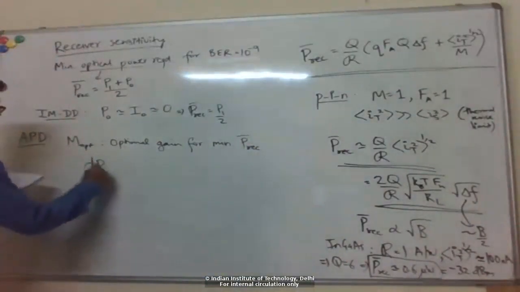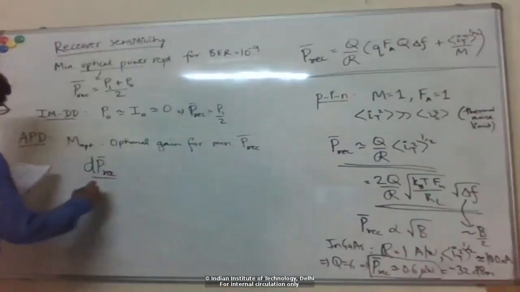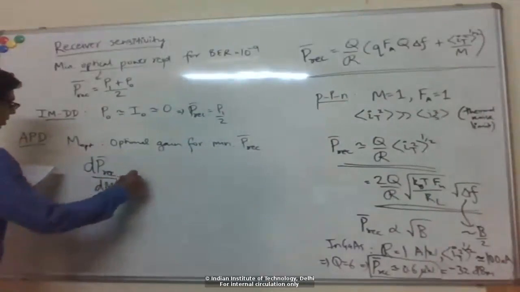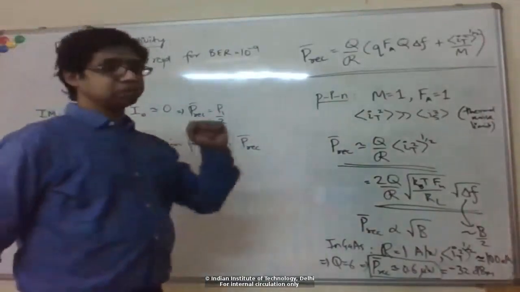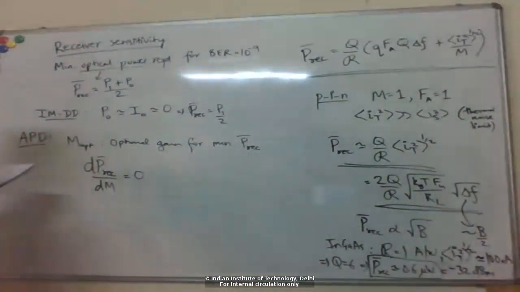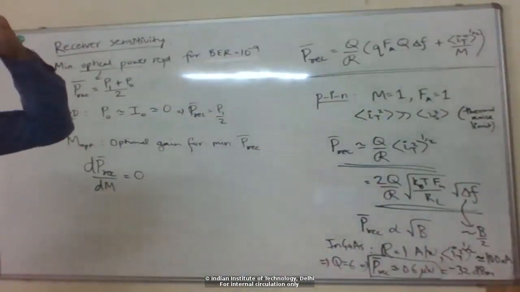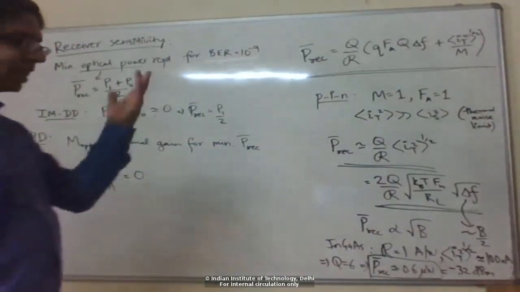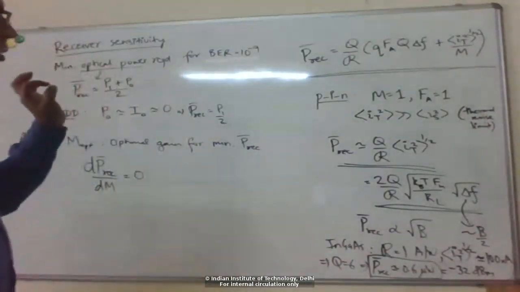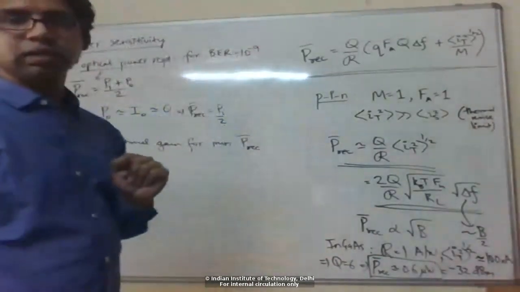Basically what we are saying here is, so this expression for the receiver power required, as a function of M, that we could use. Right, so for example, depending on the parameters, when you maximize the SNR, at that maximum SNR your bit error rate could be lower than 10 to the minus 9.